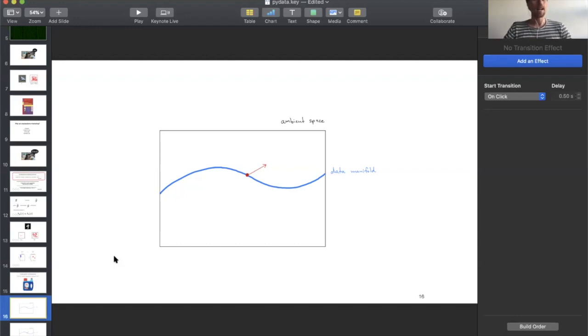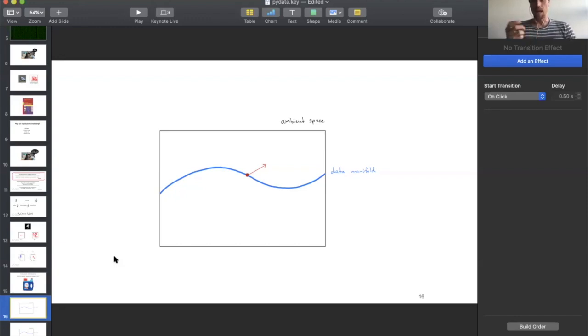Now observe that the behavior of the function on the data just determines the components of the gradient along the data manifold. To understand why the gradient is important, remember that one of the explanation methods was the gradient with respect to the input. The arrow I've drawn here for illustration is just the gradient with respect to the input of the classifier G. And that's a vector in ambient space.